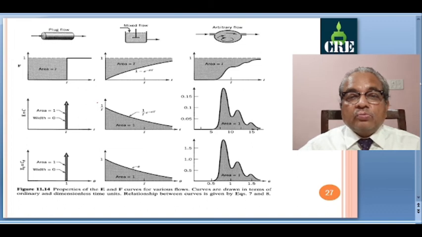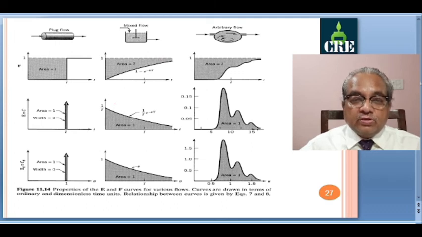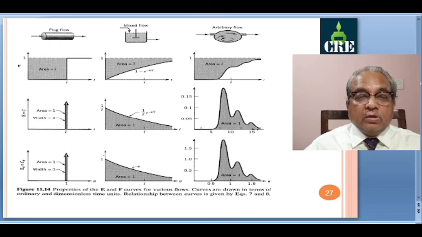For mixed flow, you will get this kind of shape. Okay, the F curve and E curve. So the F curve is like this. F is the integral of E dt, so differentiate this and you will get this kind of curve. This is just the same curve, the representation is different.